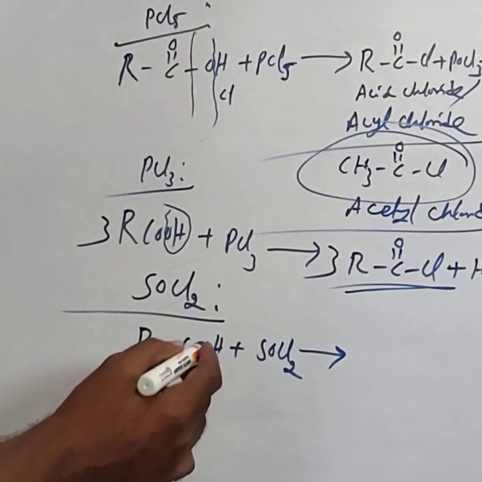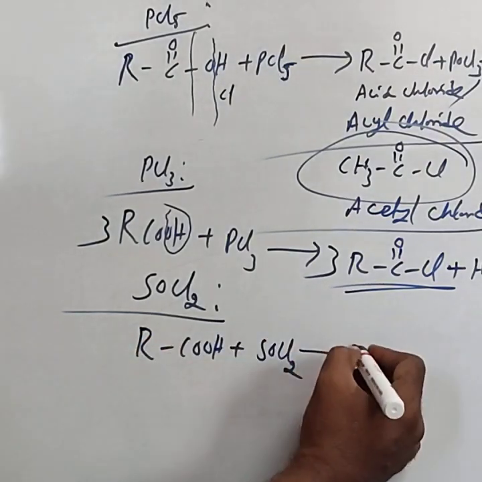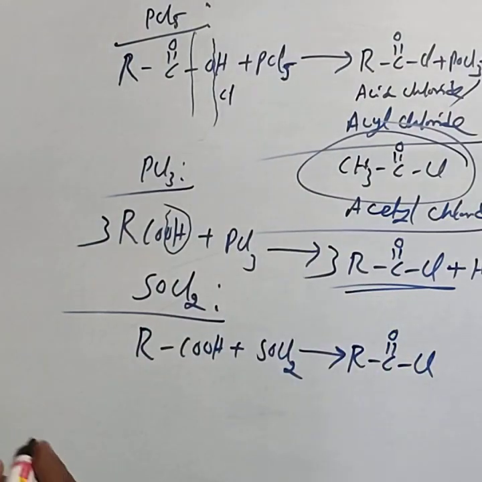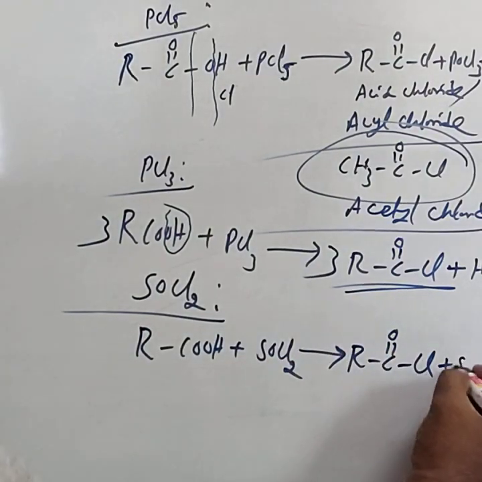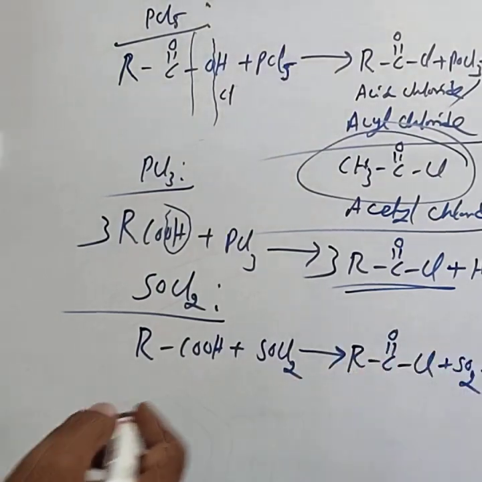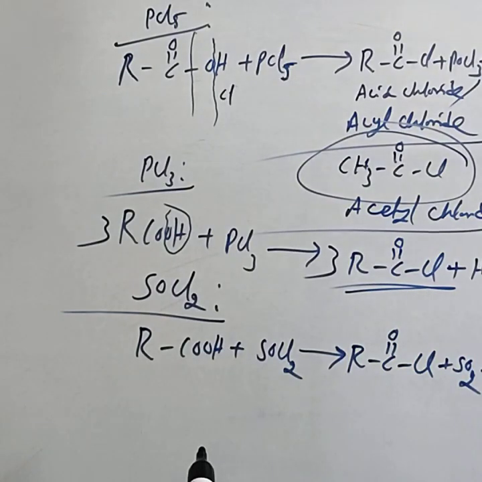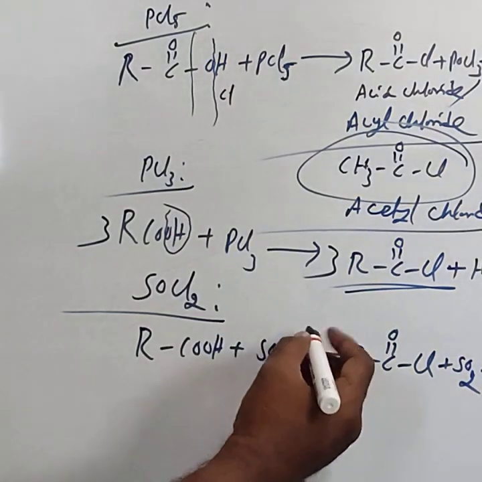Again, the OH is replaced by Cl, resulting in the formation of RCOCl, acyl chloride. The other byproducts are SO2 and HCl. For this one we can use pyridine.